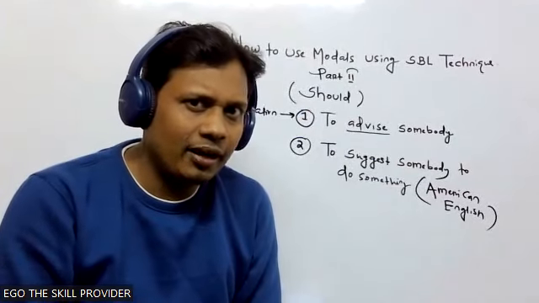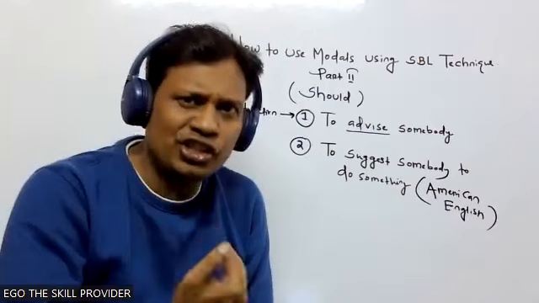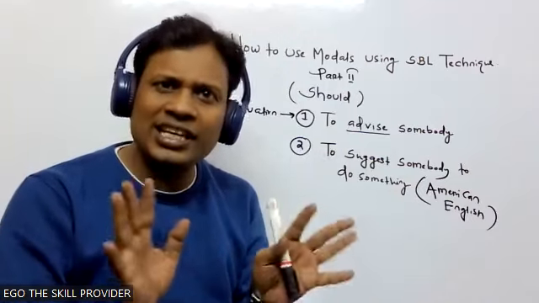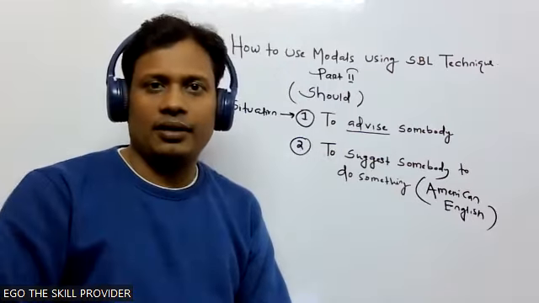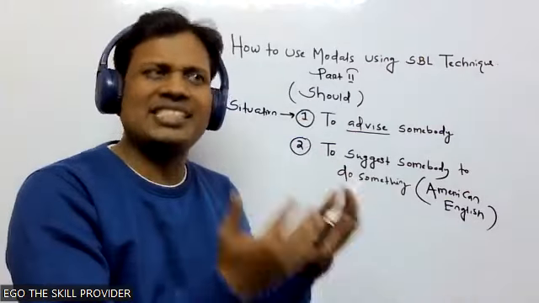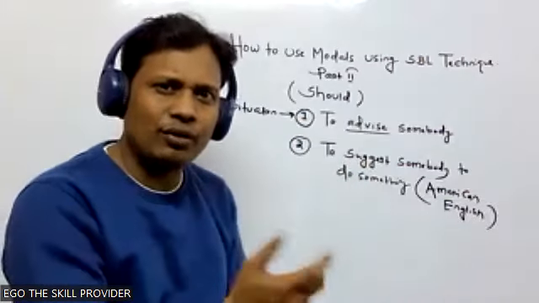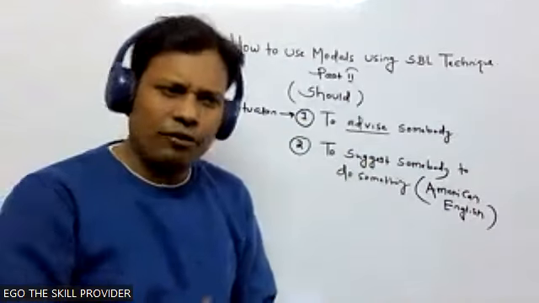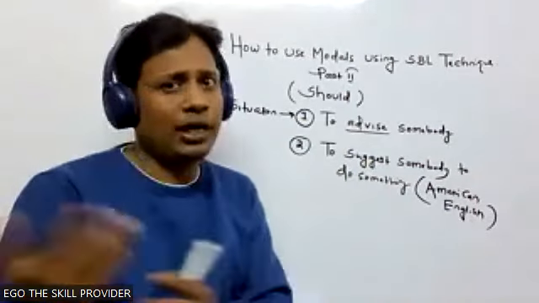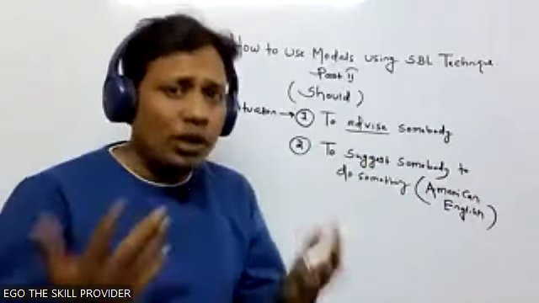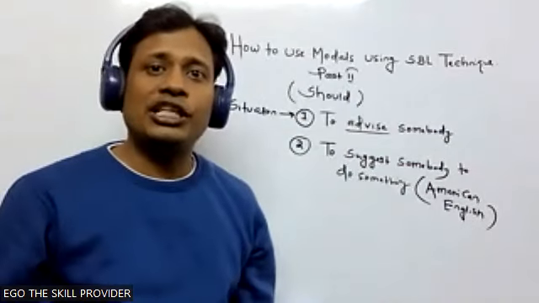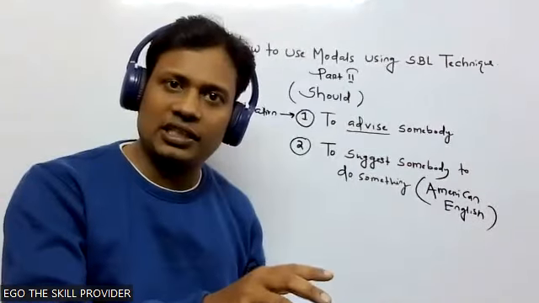Should you go for a cycling? So that means it is a suggestion. You are not forcing anybody to do something, but you are just telling them, you want to do it like this. If they agree with you, then you can go ahead. If they don't agree with you, it's okay because it was not a forceful thing.